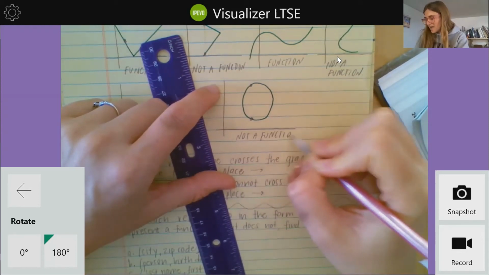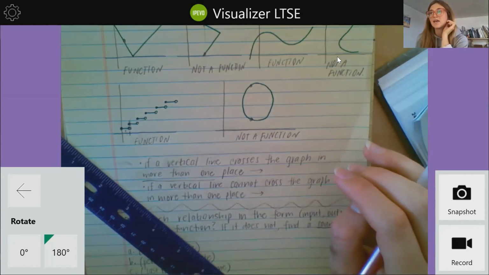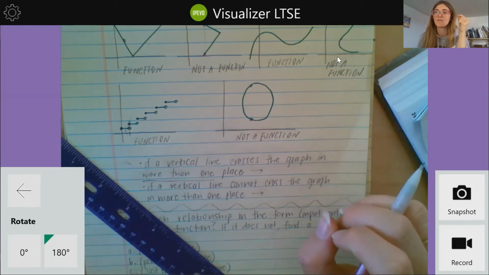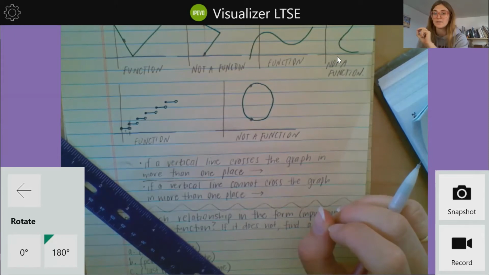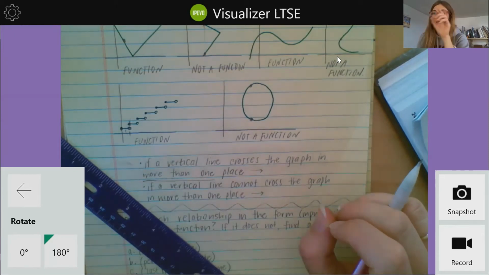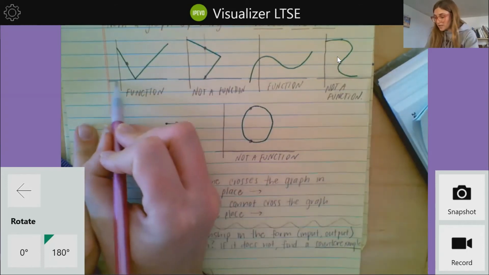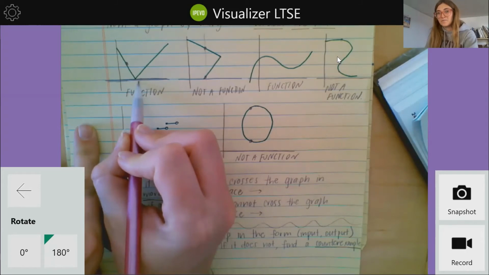Okay. And the way that this vertical line test works is, again, remember the definition of a function. For every input, we have exactly one output. Our inputs are generally put on the x-axis.